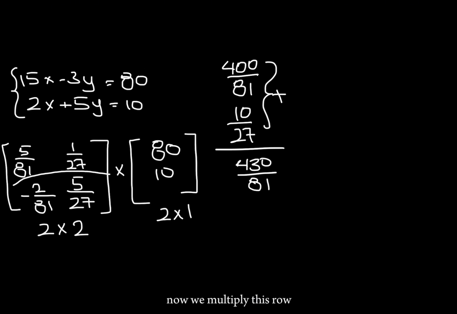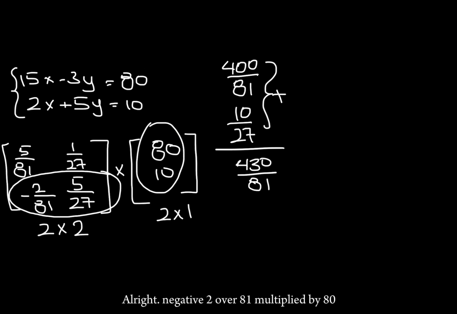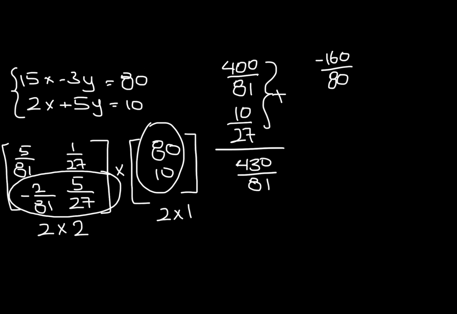Now we multiply this row by this column. All right, negative 2 over 81 multiplied by 80 is negative 160 over 81. 5 over 27 multiplied by 10 is 50 over 27.